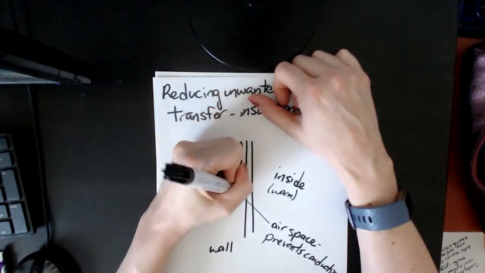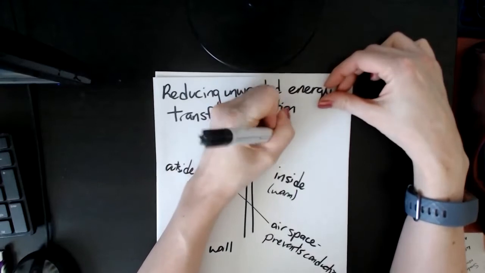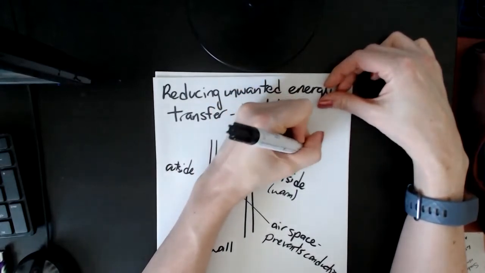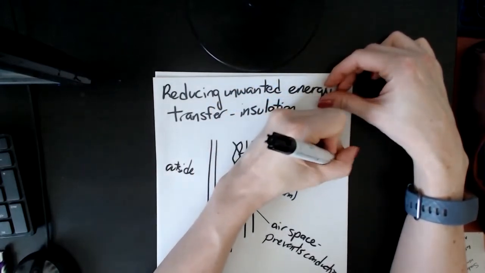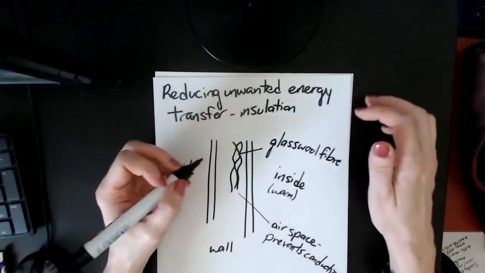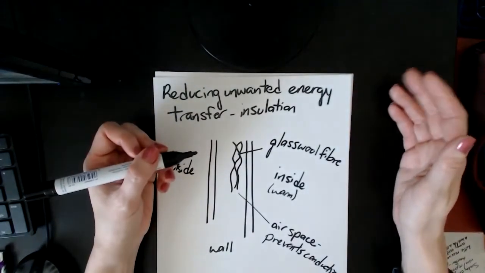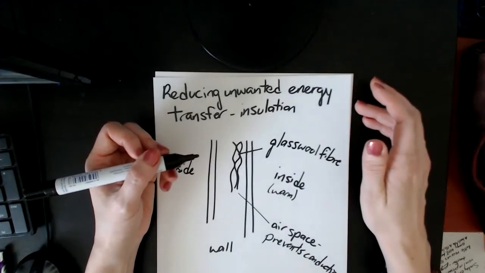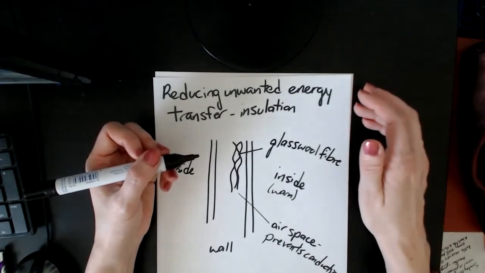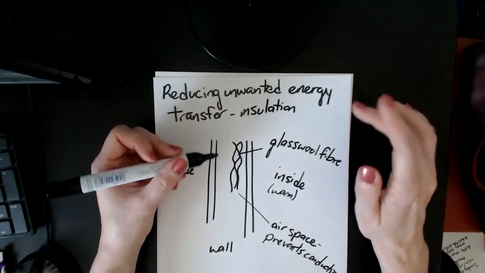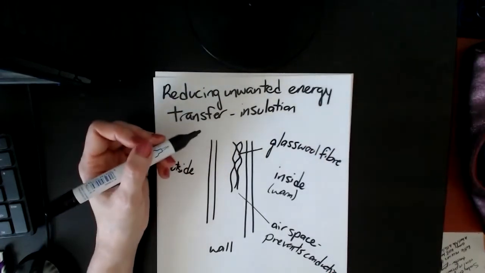Sorry for my terrible drawing. This is called glass wool fiber. I'm sure you've seen this before. It's yellow or pink often, and it looks kind of like a really uncomfortable mattress. Please don't try to make it as a mattress. Little pieces of glass will fall off and it'll be very uncomfortable and scratch you up.